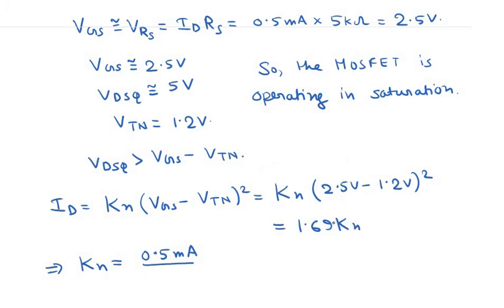Let us confine the unit to Kn itself, so that when we do the problem the unit of Kn comes out automatically. So for this 1.69, the unit is volt square. So Kn is equal to 0.5 milliamperes divided by 1.69 volt square, which is equal to 0.295 milliampere per volt square.